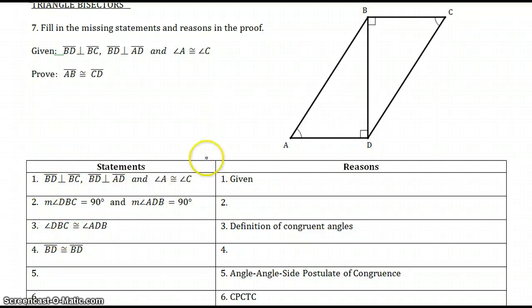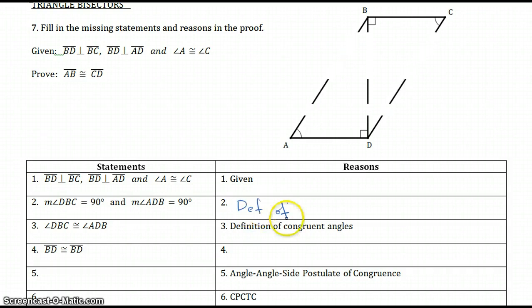Then they say that the measure of angle DBC is 90 degrees and the measure of angle ADB is 90 degrees, and that is because of the definition of perpendicular. Then they say that angle DBC is congruent to angle ADB, and that's because of the definition of congruent angles.